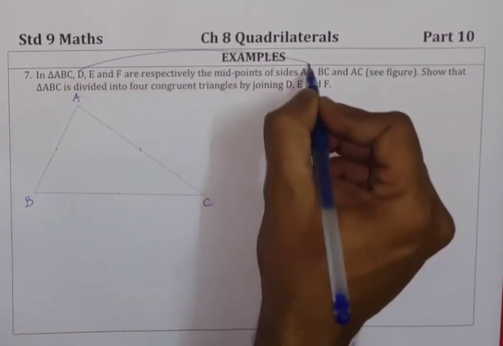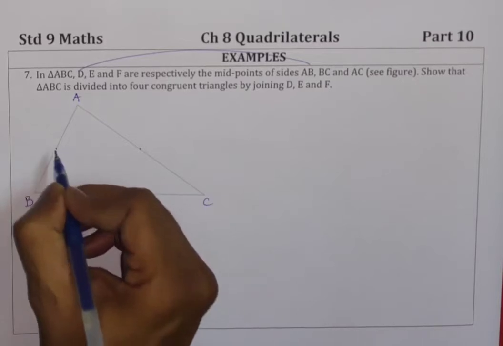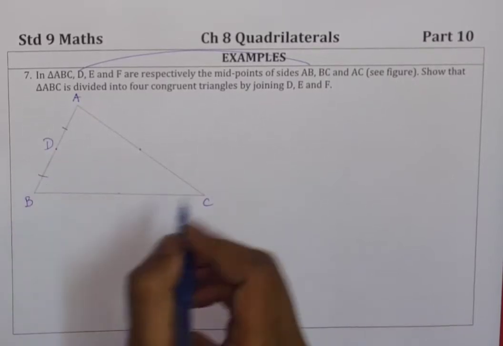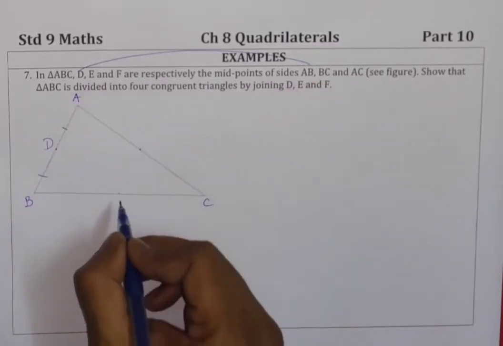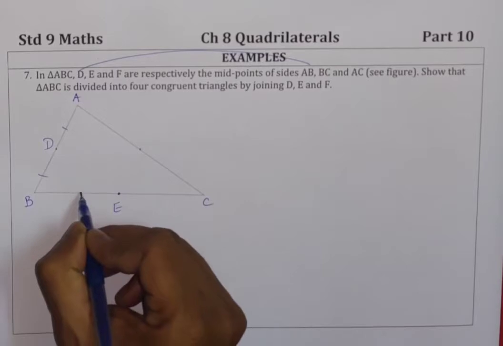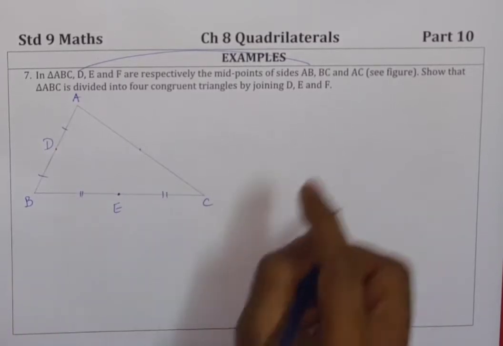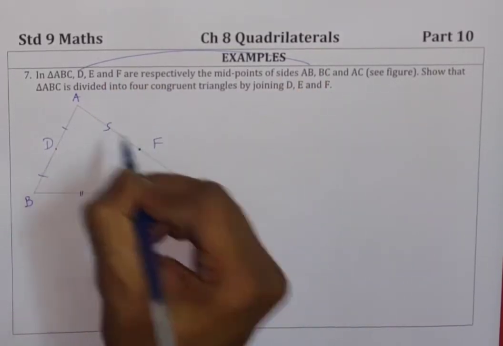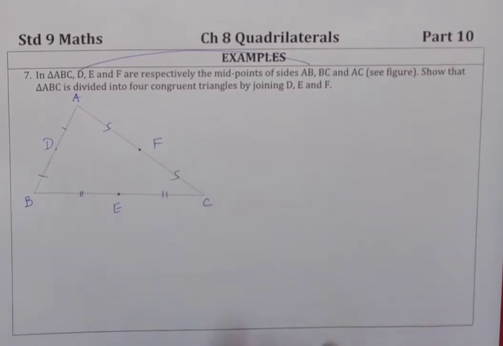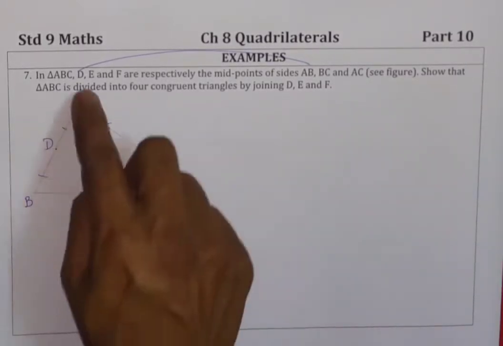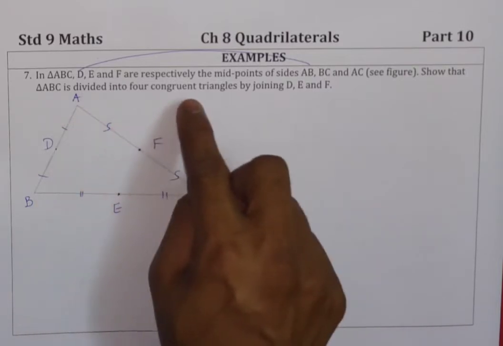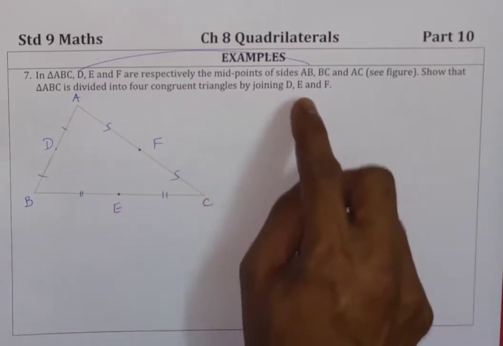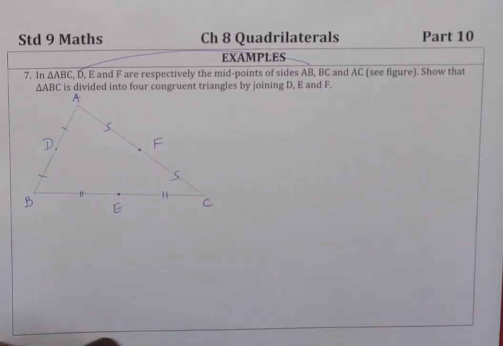D is midpoint of AB, E is midpoint of BC, and F is midpoint of AC. Let's say this is F, so AF equal to FC. See the figure. Show that triangle ABC is divided into 4 congruent triangles joined by DEF.